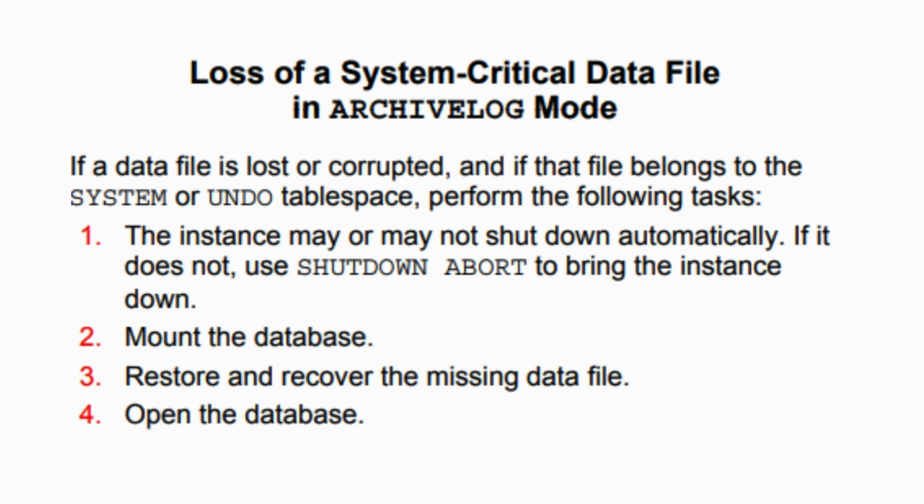Click Add to select all data files that need recovery. 6. Specify whether you want to restore the files to the default location or, if a disk or controller is missing, to a new location. 7. Submit the RMAN job to restore and recover the missing files. 8. Open the database. Users are not required to re-enter data because the recovery is up to the time of the last commit.